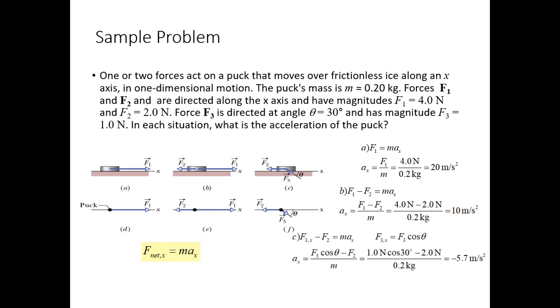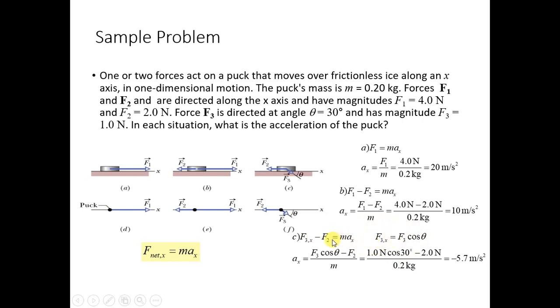Now see here, there is case C in these directions. We get F3 minus F2, where F2 is also applied in this situation. So F3x minus F2 is equal to m ax. F3x is equal to F3 cos theta.